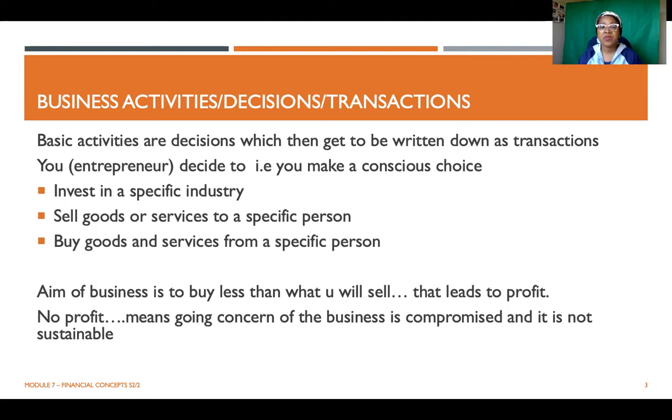We then decide to sell specific goods and services to a specific person who is our customer or target market. We also buy goods and services from a specific person or entity. Bottom line, the aim of business is to buy for less than what you will sell that item for, which then leads to profit. No profit means the business is not a going concern and also it's not sustainable.